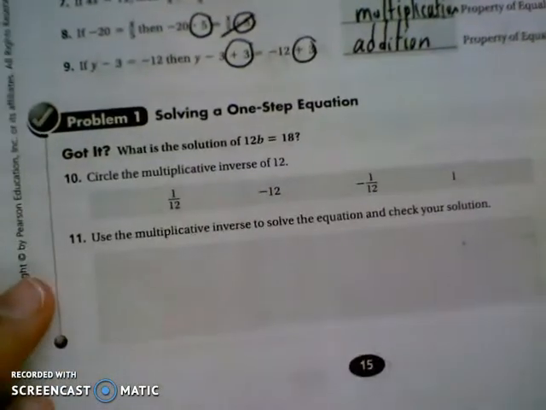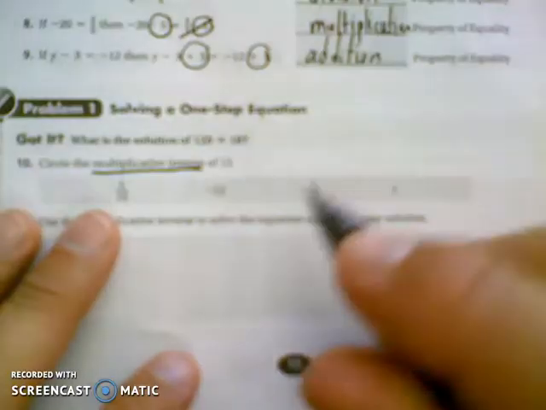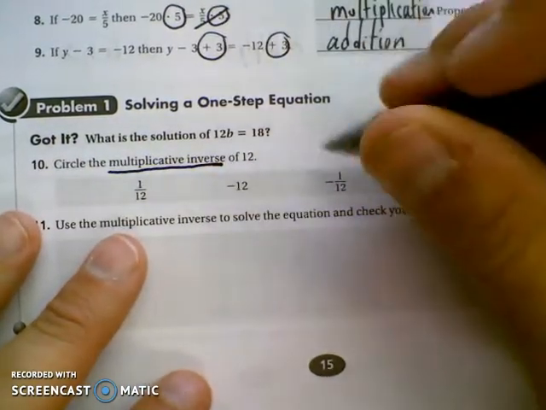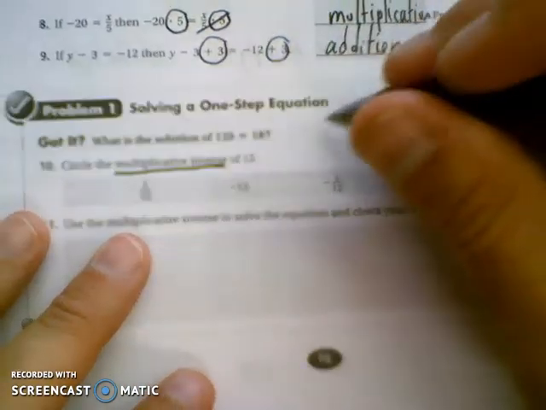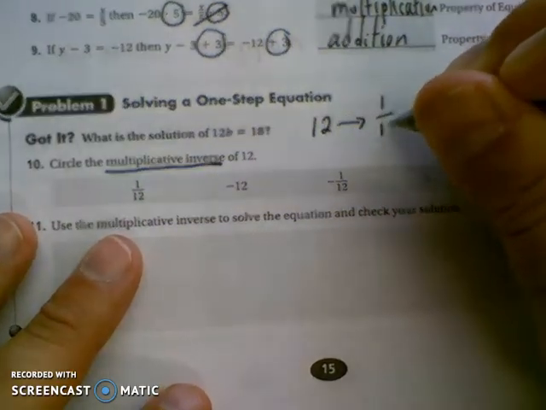Okay, problem 1, solving one-step equations. Circle the multiplicative inverse. So what is the multiplicative inverse of 12? The multiplicative inverse is when you take a number and you put 1 on top of it. So if it says 12, then it becomes 1 over 12.